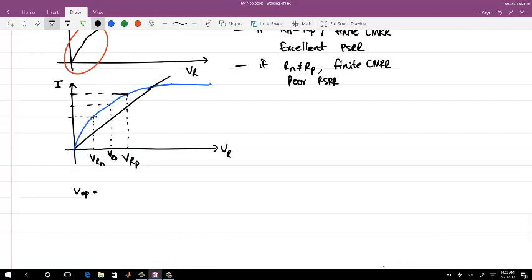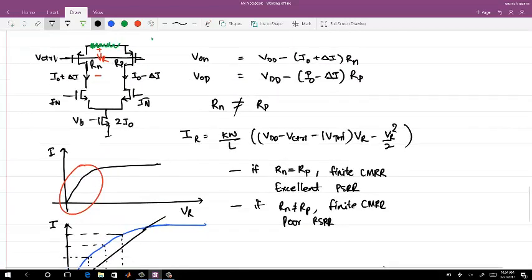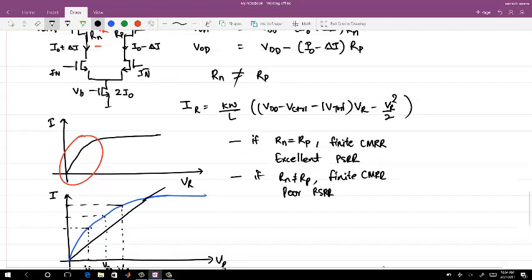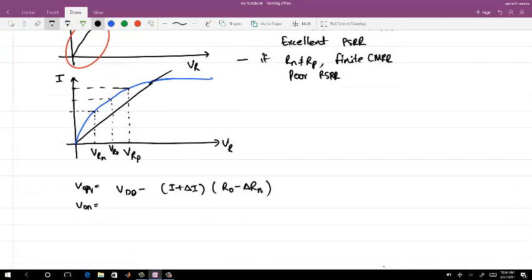VON is VDD minus (I plus delta I) times (R naught plus or minus delta Rn), and VOP is VDD minus (I minus delta I) times (R naught plus delta Rp).